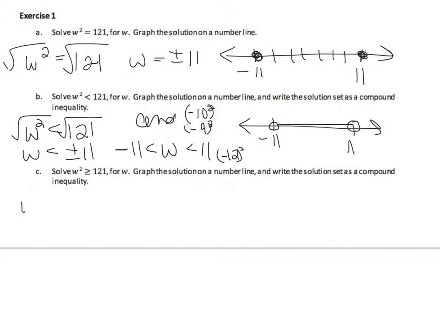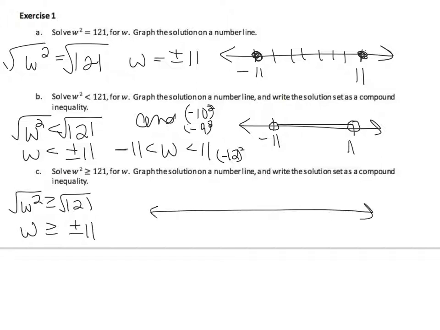And here we have w squared is greater than or equal to 121. Okay, square root both sides. And let's look at our number line. Negative 11 and positive 11. If I do the same test as before, if I plug in 9, 9 squared is 81, which is not greater than 121, so that doesn't satisfy it. 12 squared is 144, which is greater than 121.